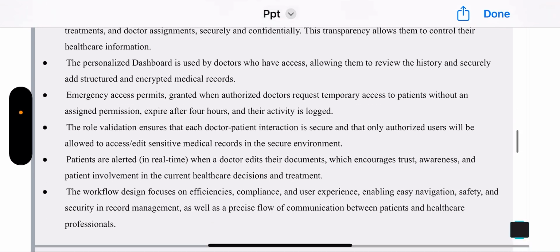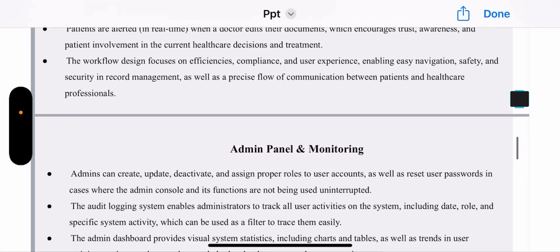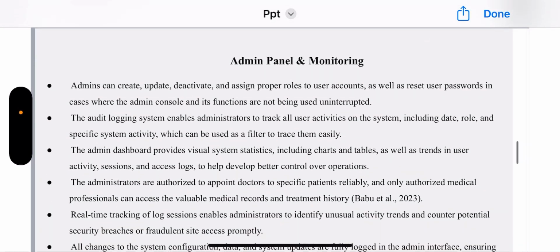Okay. And it is also the patient, and also admin planning and monitoring. The data from here to here should be monitored by one person from the backend.